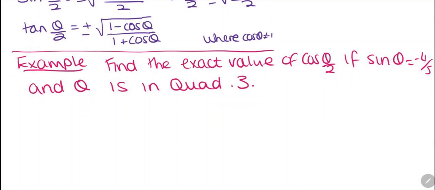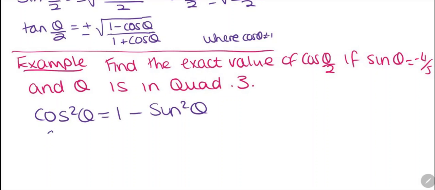So we need to find cosine, so we're going to use the Pythagorean identity. So cosine squared theta is 1 minus sine squared theta. And we're going to substitute in the value that we know. We're finding cosine, we know sine, so we're going to substitute in minus 4/5 squared.